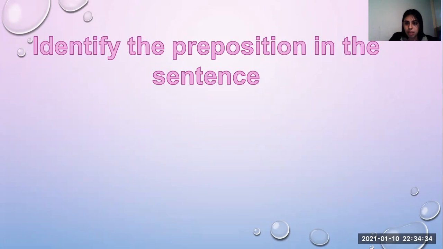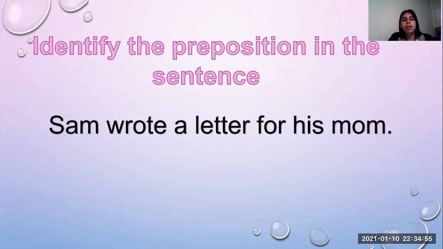The first step to teach that is very easy: identify the preposition in the sentence. That is obvious because we need to identify the preposition to know what is the oblique object in our sentence.